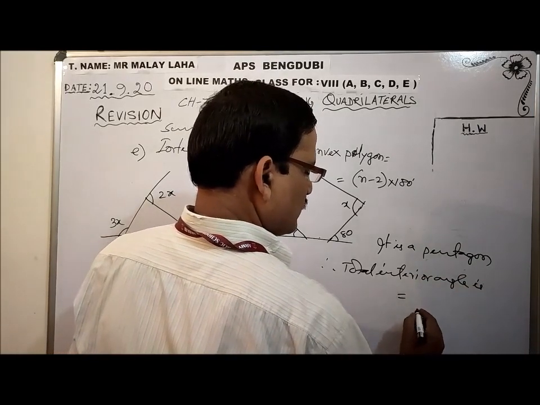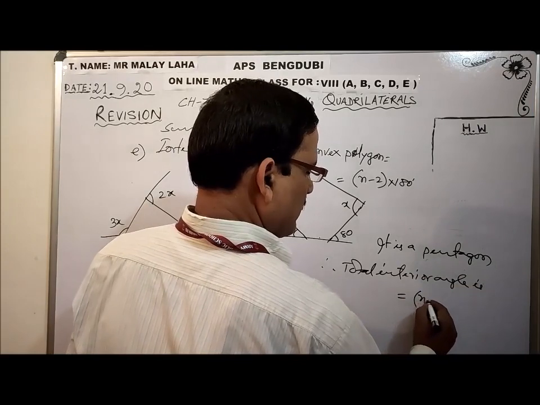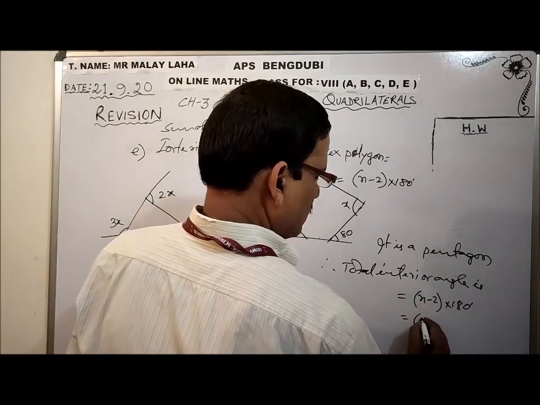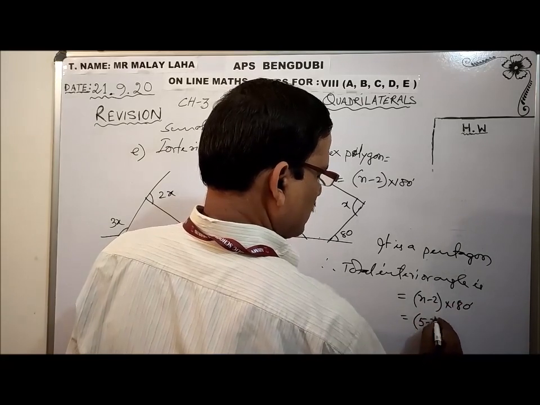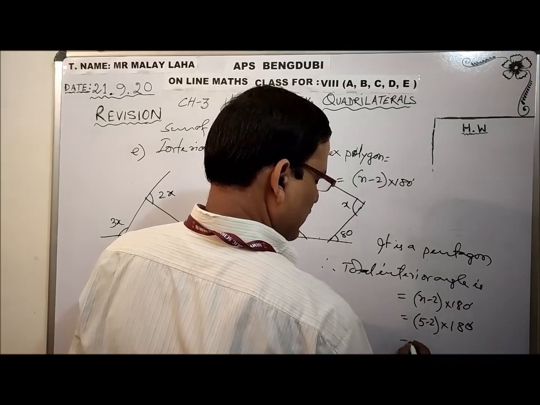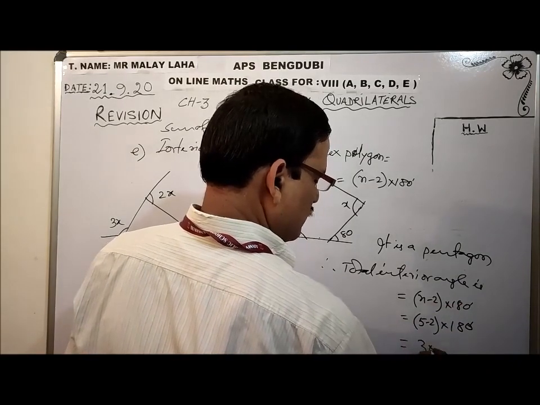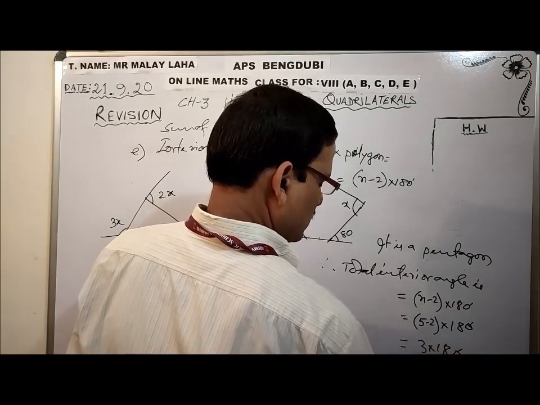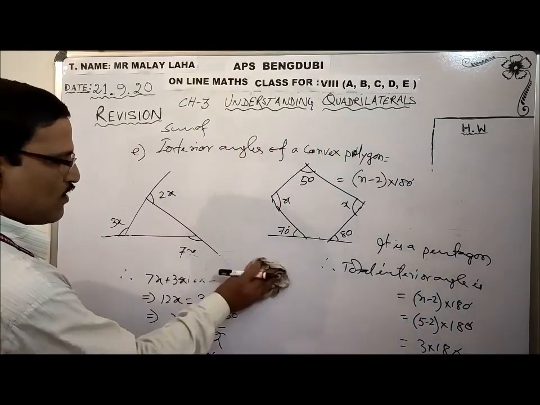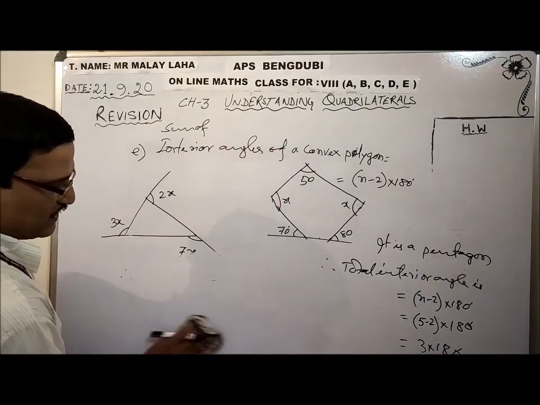What is the measure of total interior angle? (N minus 2) into 180 degree, that is (5 minus 2) into 180 degree, that is 3 into 180 degree, so this is 540 degree. Now 540 degree, how can I establish it as the equation here?